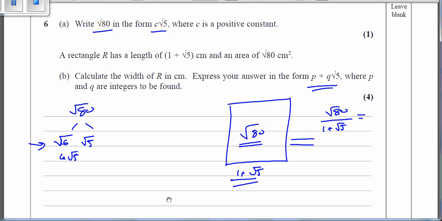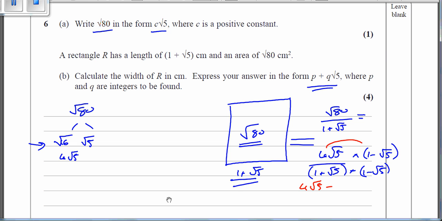So the way we simplify root 80 over 1 plus root 5 is, I'd probably write that as 4 root 5 over 1 plus root 5, times top and bottom by 1 minus root 5. Then 4 lots of that is going to be 4 root 5.